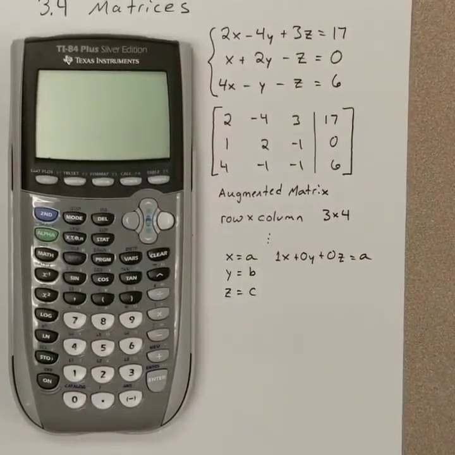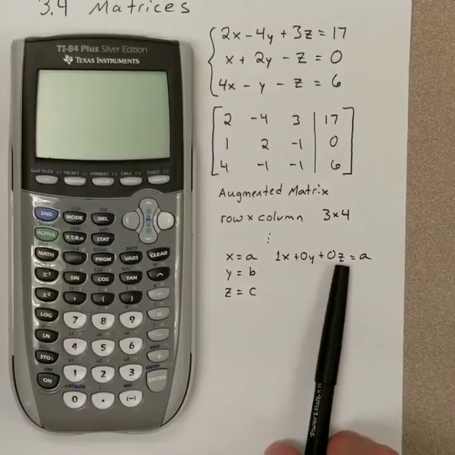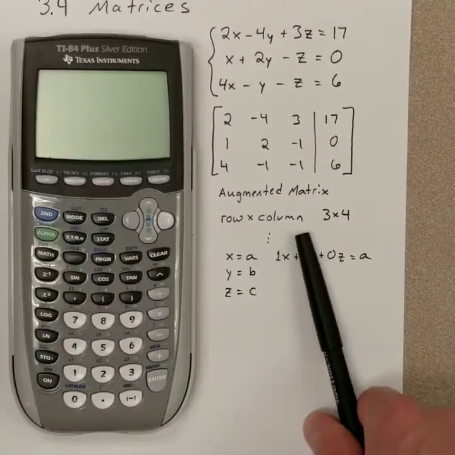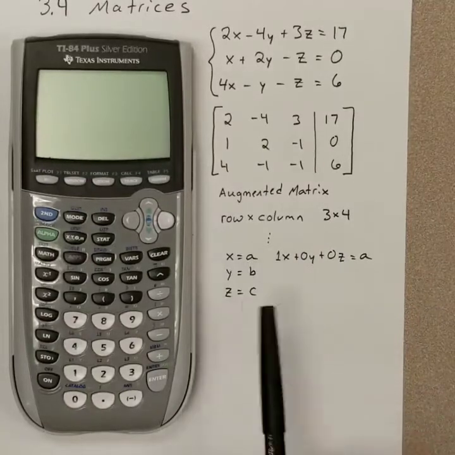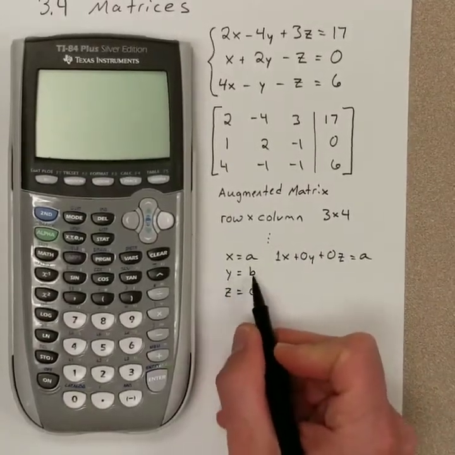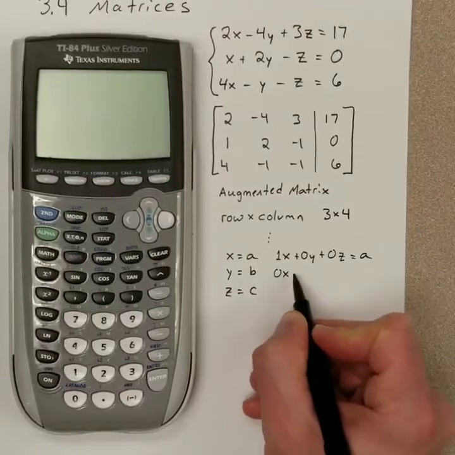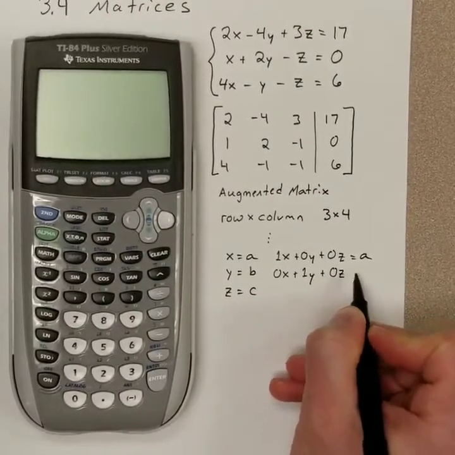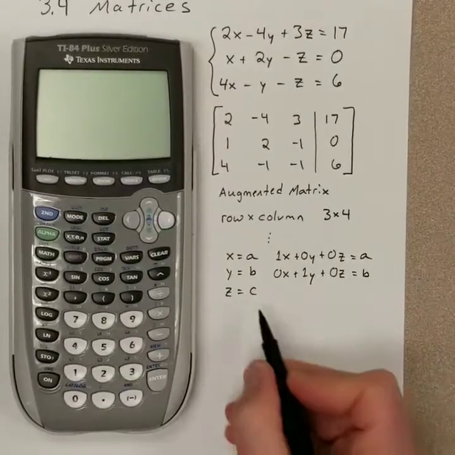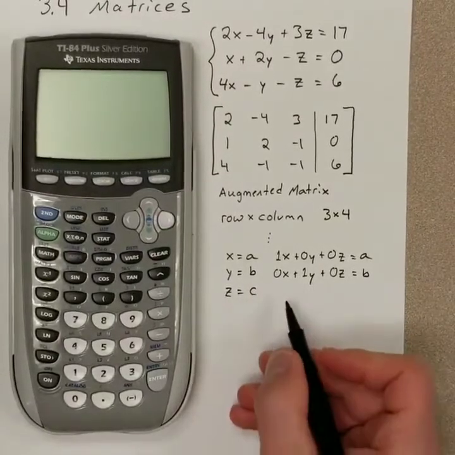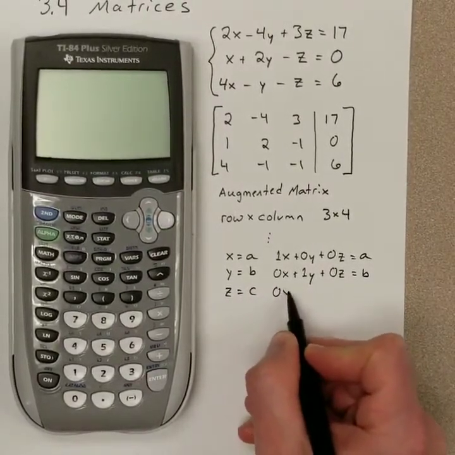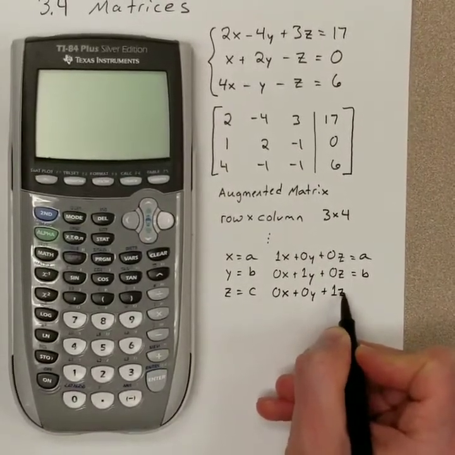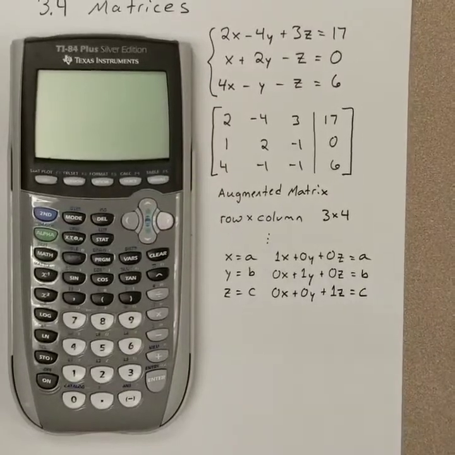If I expand this with zero coefficients and reduce it down, the 0y and the 0z are gone, and you just get x. y equals b is the same as 0x plus 1y plus 0z equals b, and z equals c, if I expand that out, is 0x plus 0y plus 1z equals c.